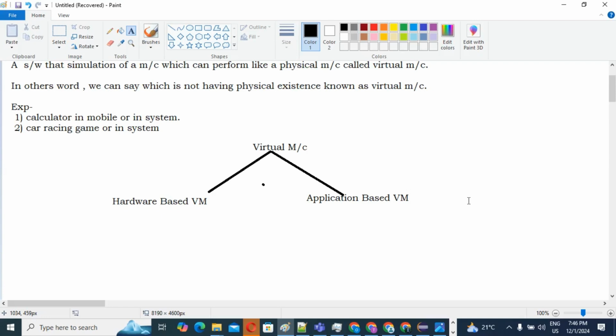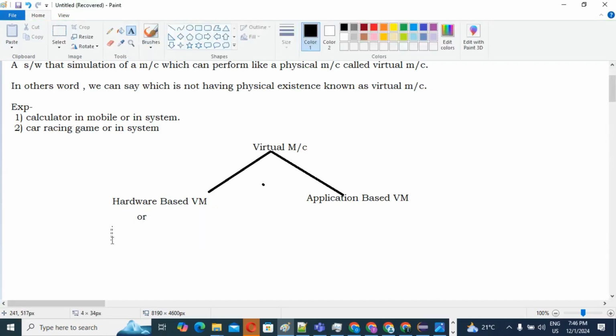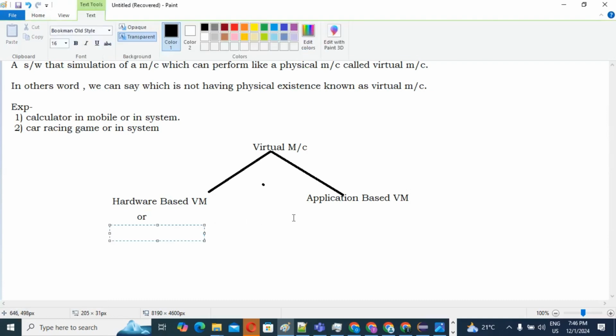One thing also I would like to tell you. Hardware based virtual machine can also be called system based virtual machine.